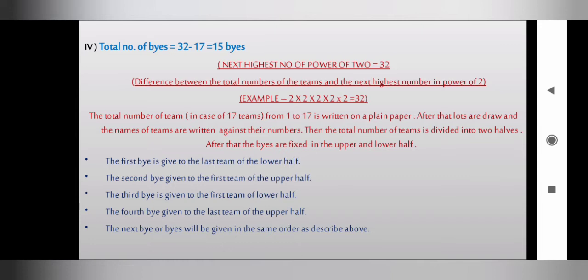First we draw and write all the teams, then divide them into upper half and lower half, then we distribute the byes. The first bye is given to the last team of the lower half, and the second bye is given to the first team of the upper half. The third bye is given to the first team of the lower half, and the fourth bye is given to the last team of the upper half. The next byes are given in the same order as described above. Okay class, so let's move to the next page.